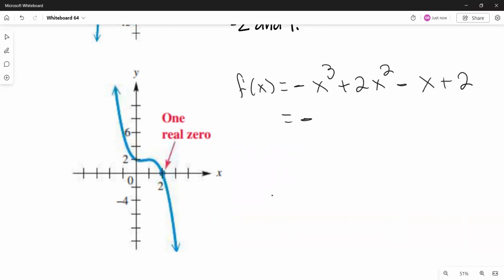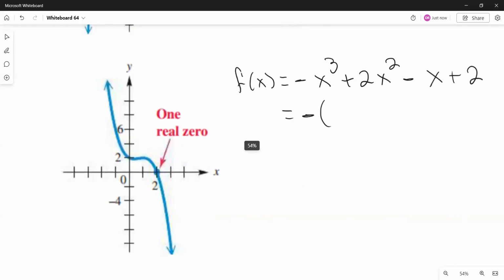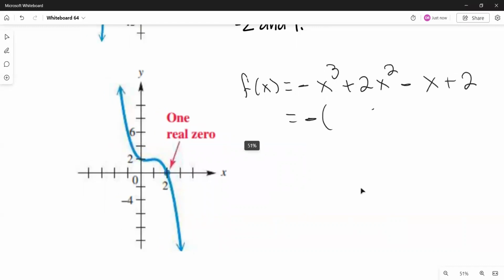The leading coefficient is -1, and in factor form, this polynomial is the same as x minus 2 times the opposite of x squared plus 1. If you notice, it only crosses the x-axis once, and it has 3rd degree.